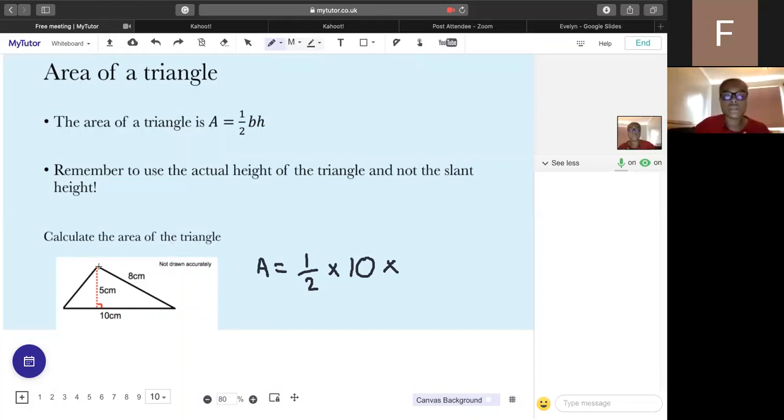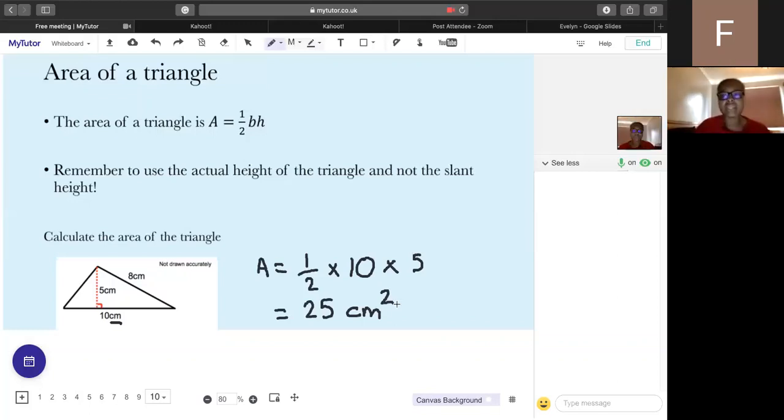So we're going to use 5 centimeters. That's our vertical height. The slant height is 8 centimeters. That doesn't help us with working out the area. So we're going to do a half times 10 times 5, which is 25. And remember your units. Your units here is centimeters, and we're working out the area, so it's going to be centimeters squared.